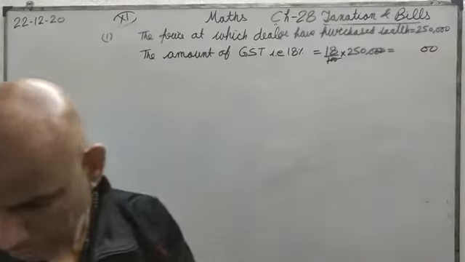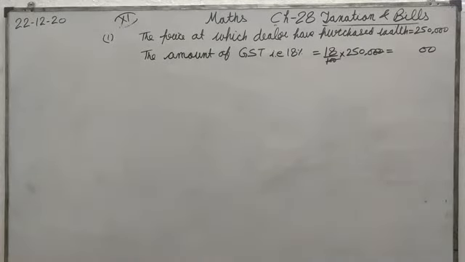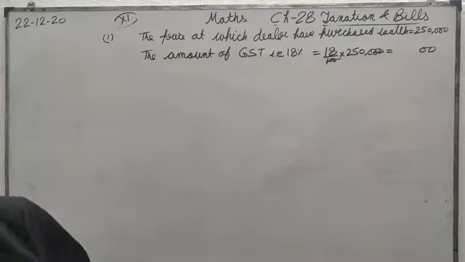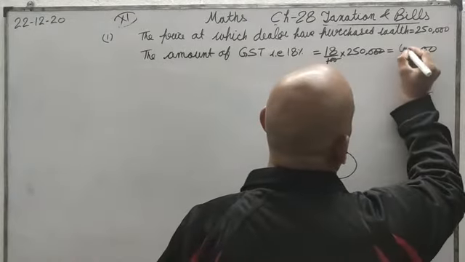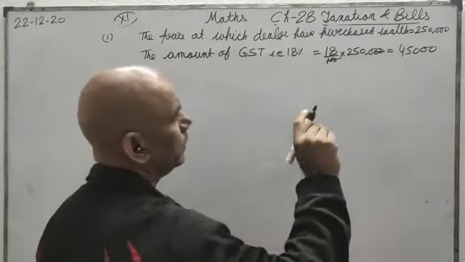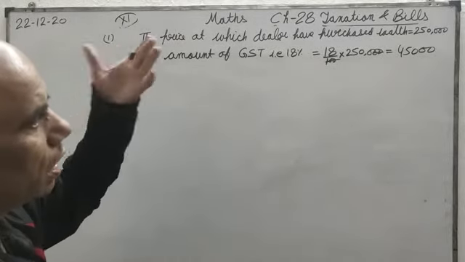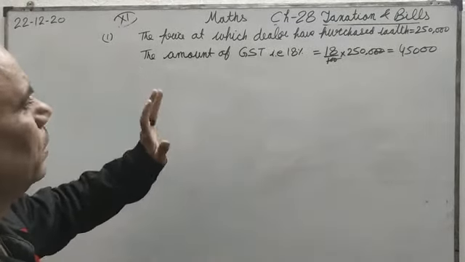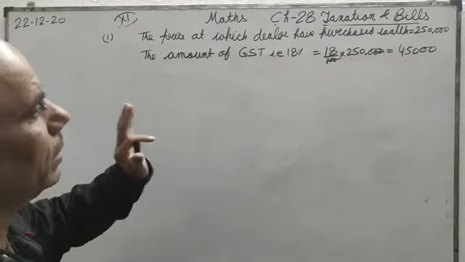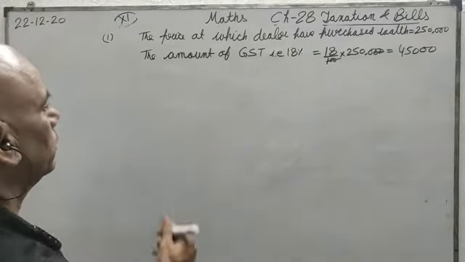What is this amount? 2,50,000 का 18% is 45,000. So 45,000 rupees GST हुआ जो dealer will pay to the manufacturer. This much GST will be paid by the dealer to the manufacturer.